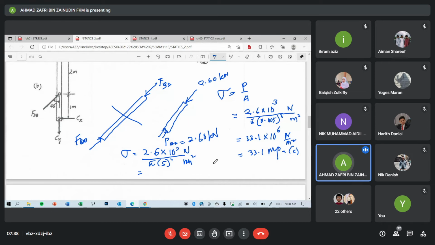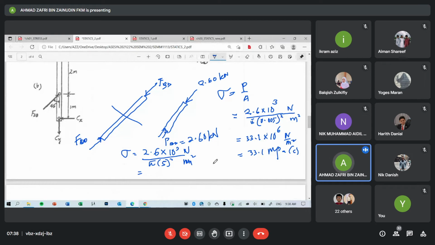When you use the calculator, there is a shortcut way to get the answer, and then there's another. So use the shortcut way: use memory plus, memory minus, brackets, whatever. You click 2.6, exp, exponential 3, divide pi, divide 5 squared.